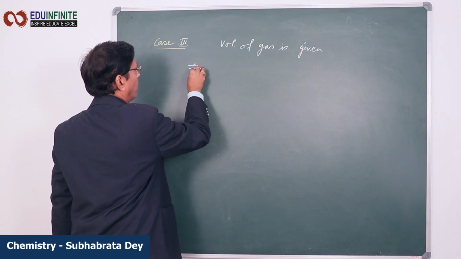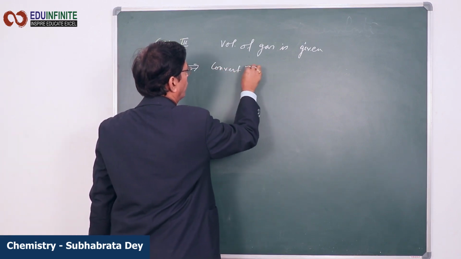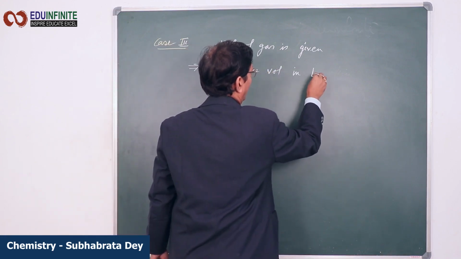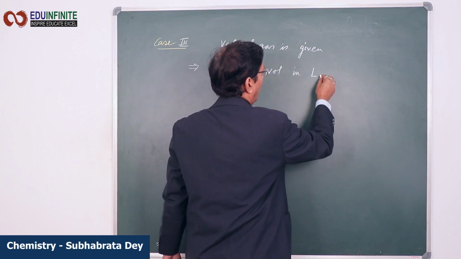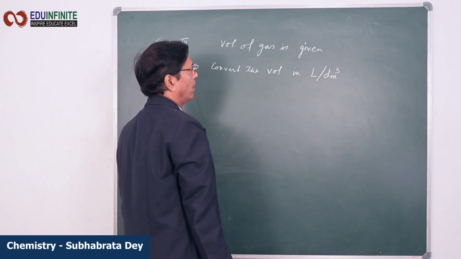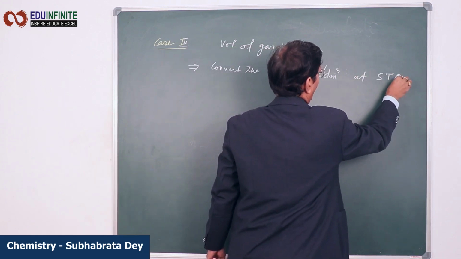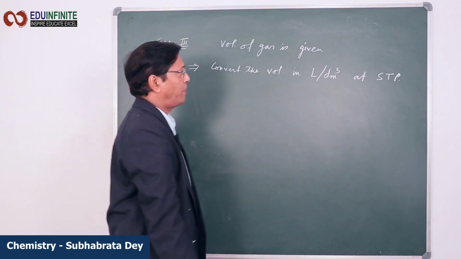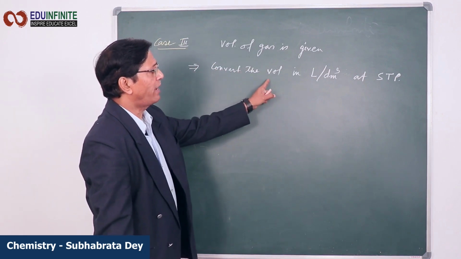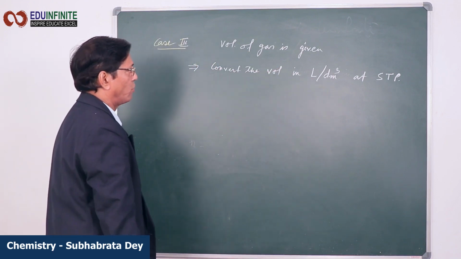Your first step: convert the volume in liter. Now 1 liter means 1 decimeter cube, the same thing at STP. If the volume is already given at STP, no need to change, you only have to change the given volume in terms of liter or decimeter cube.